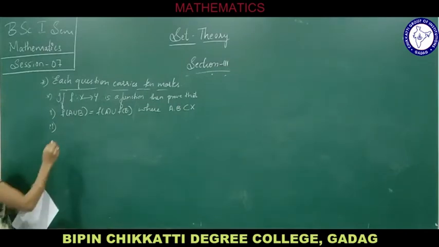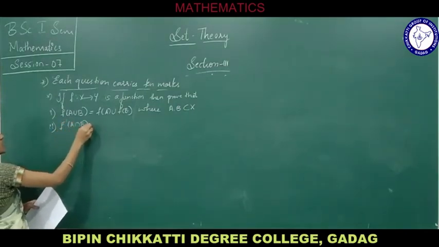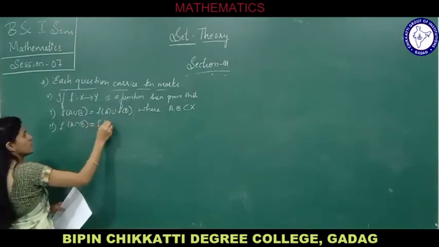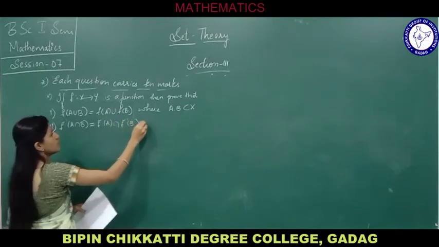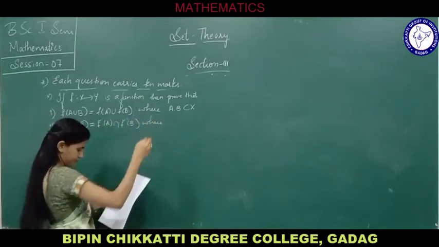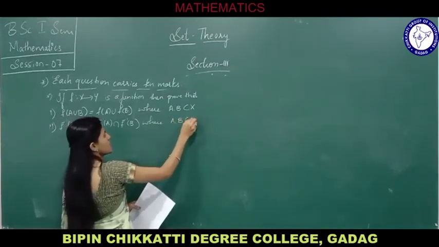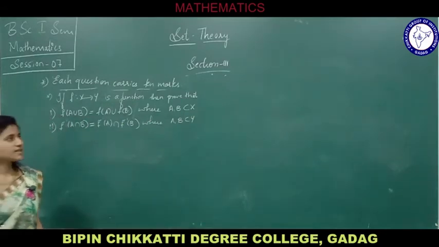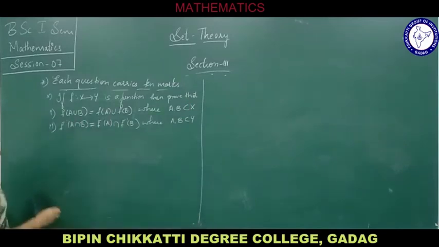We have f inverse of A intersection B is equal to f inverse of A intersection f inverse of B, where A, B are subsets of Y. We need to prove these two things. Let us consider them one by one.